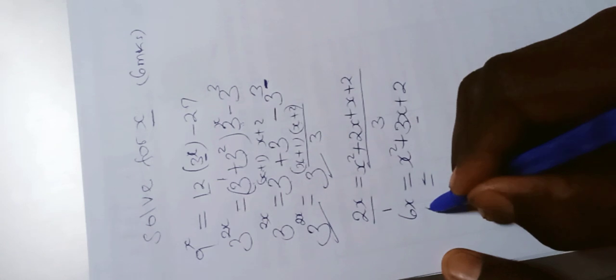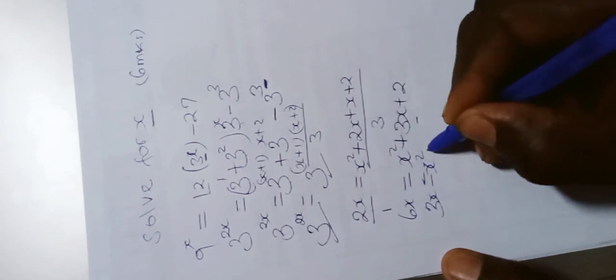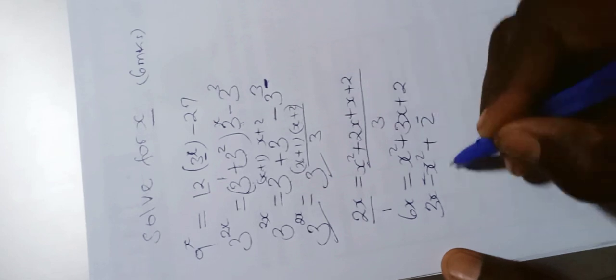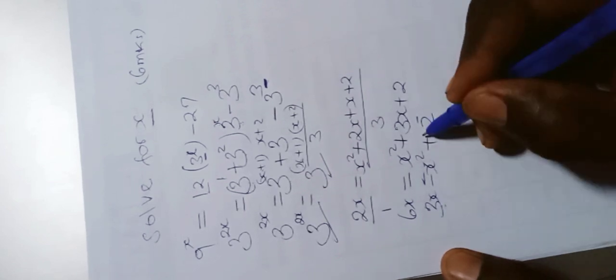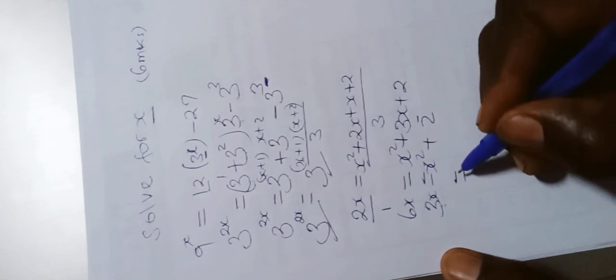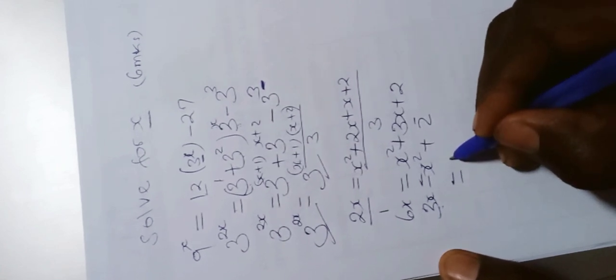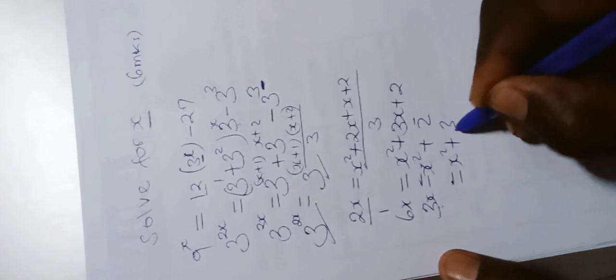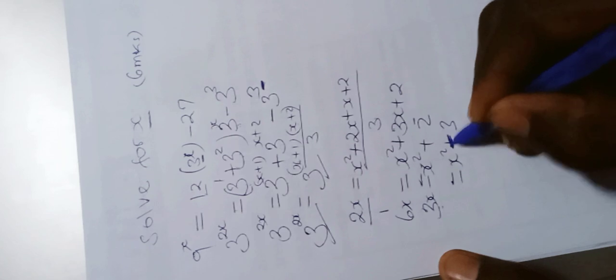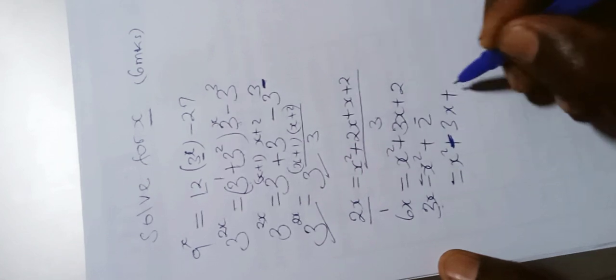If we take this x here to this side, we are going to have 3x, x squared plus 2. If we take this 3 to this side, so that we can create a quadratic equation, we will have x squared plus 3, minus 3x plus 2.